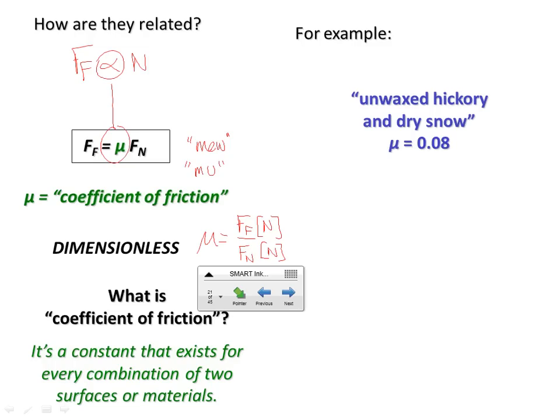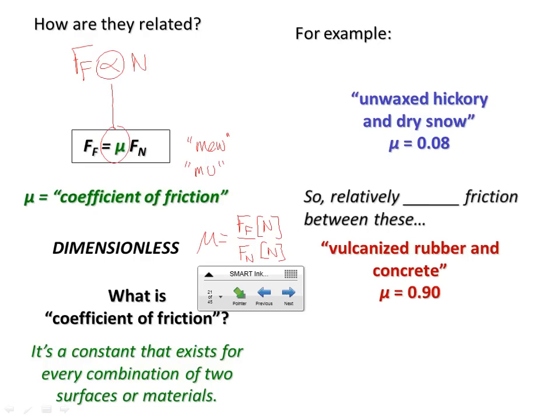So this 0.08 is kind of as opposed to this one down here, vulcanized rubber and concrete. Well, vulcanization is a process they use to make rubber, I don't know. But tires are made of vulcanized rubber, and roads can be made of concrete, right? So this is typical tires on the road sort of thing.